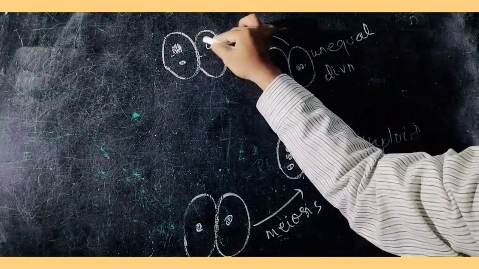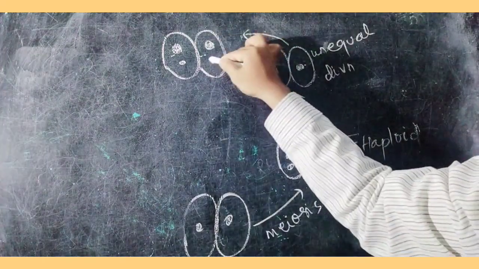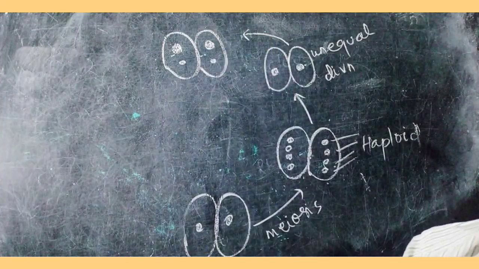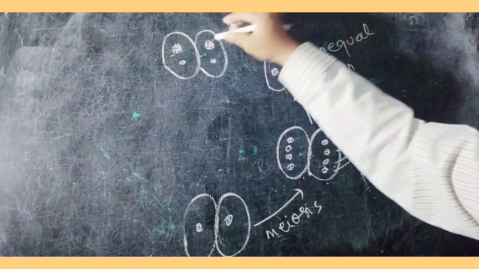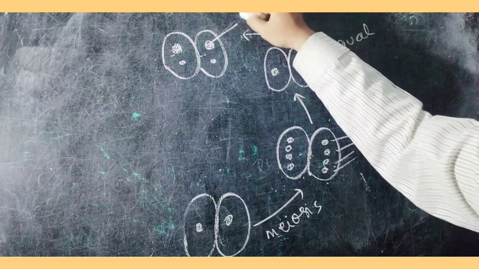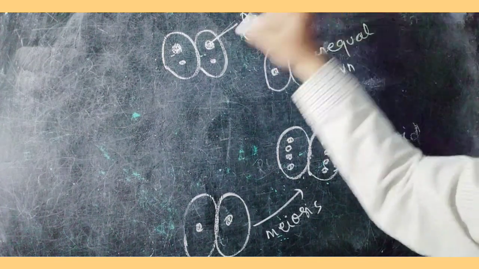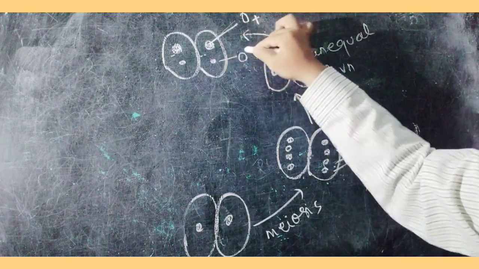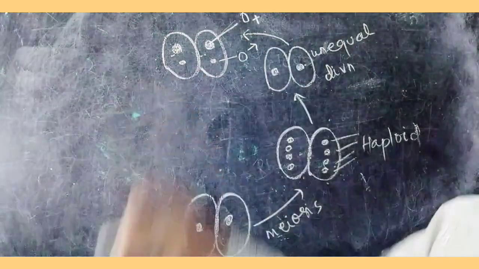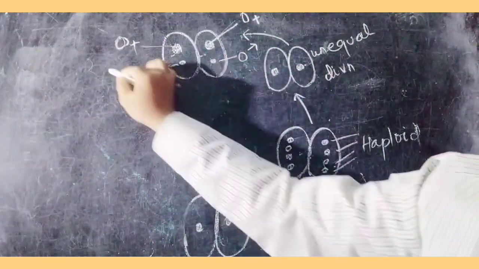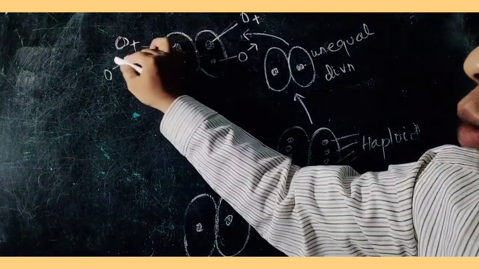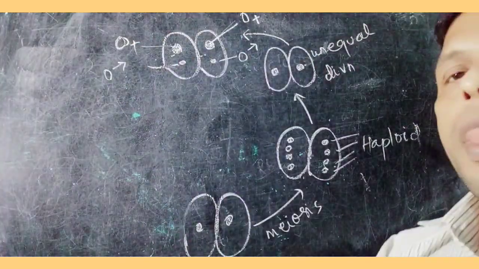Here also another larger fragment and a smaller fragment is formed. This is called the female pronucleus. This one is the male pronucleus. Here also another female and male pronucleus are there.